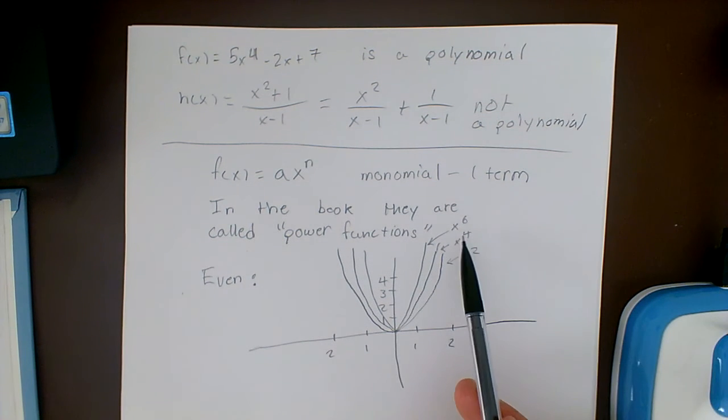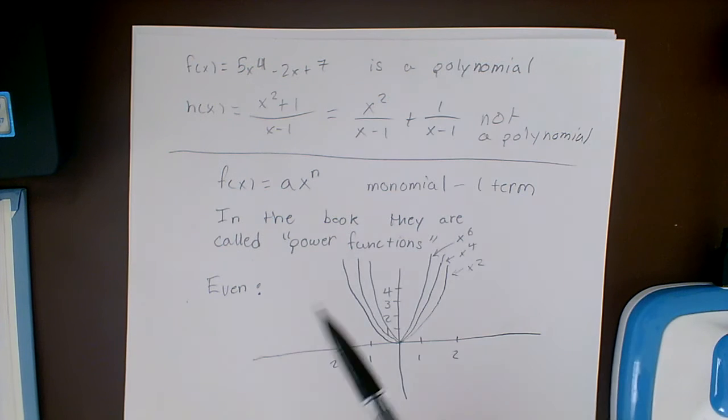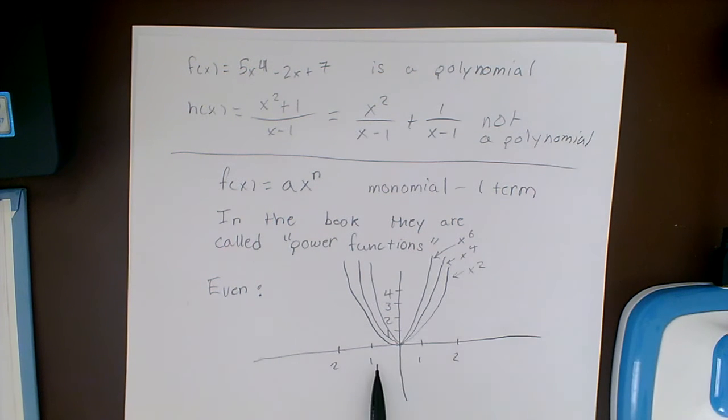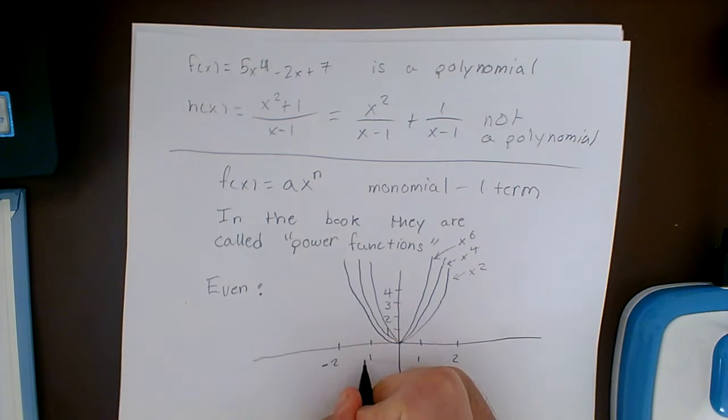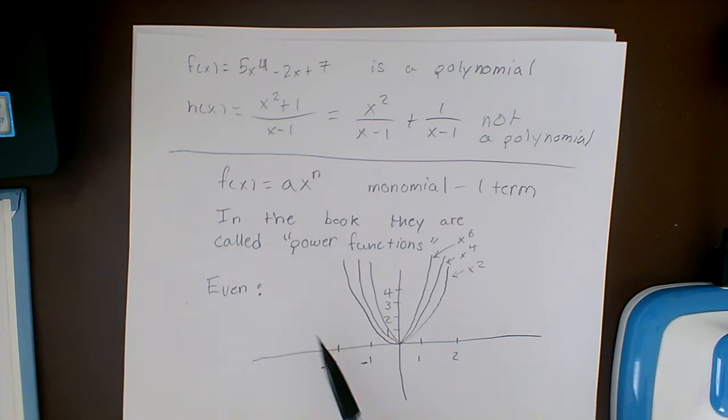Because remember, if you have an even power, your number is always going to be positive. So even if I put in negative numbers, it's still going to give me a really big positive output.